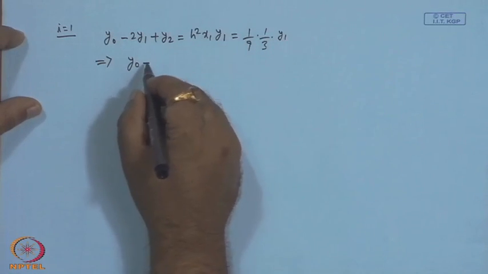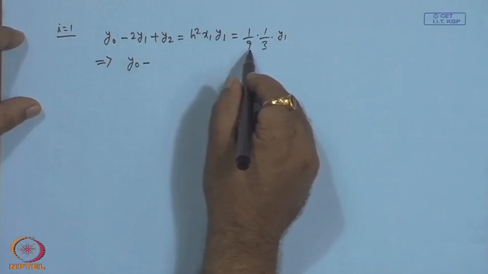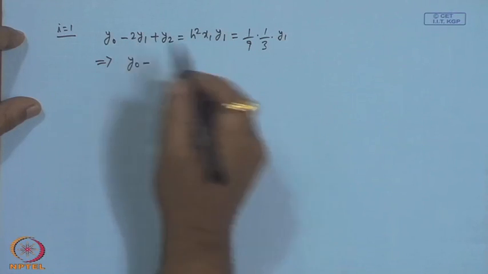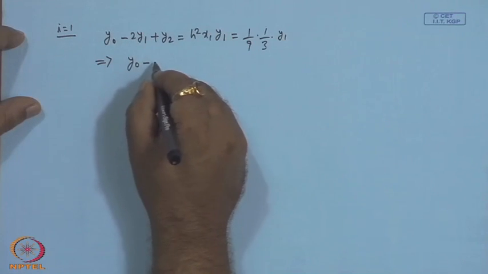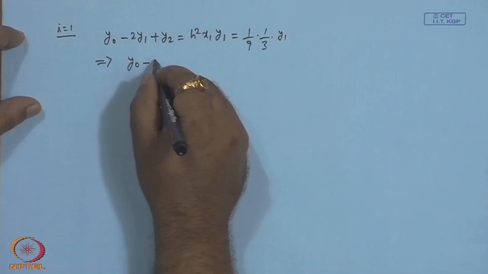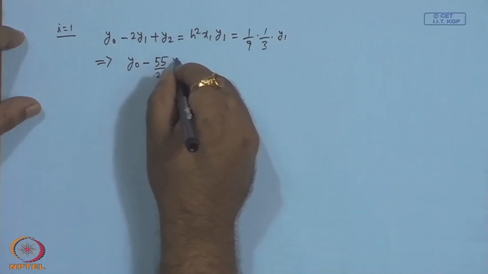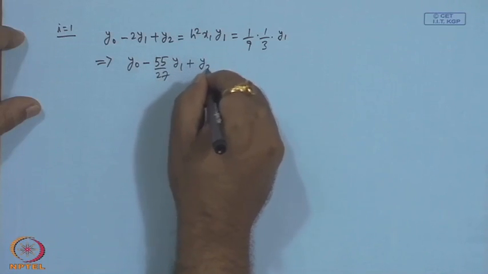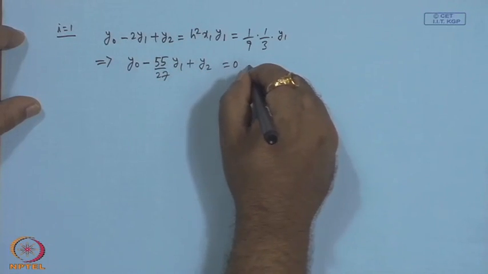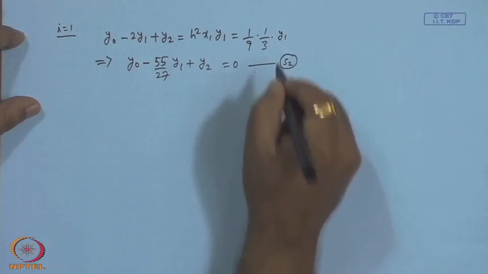So, this will be 27, 54. So, this is S 2.